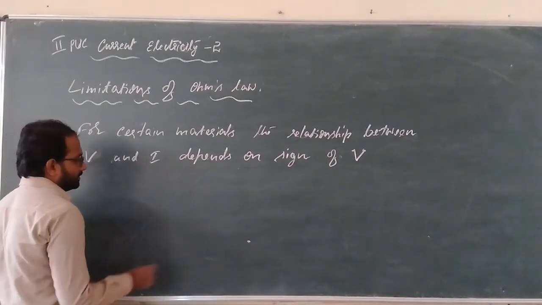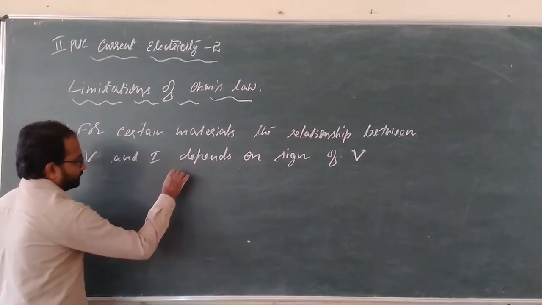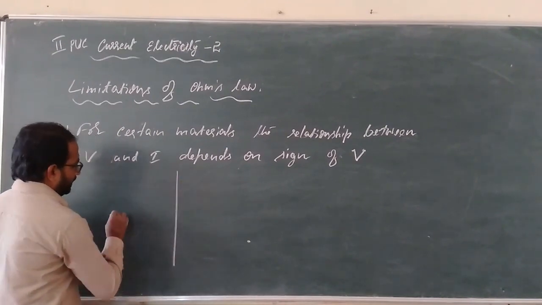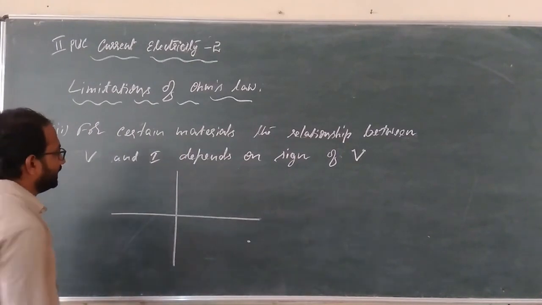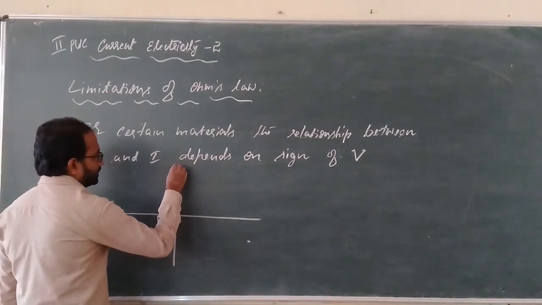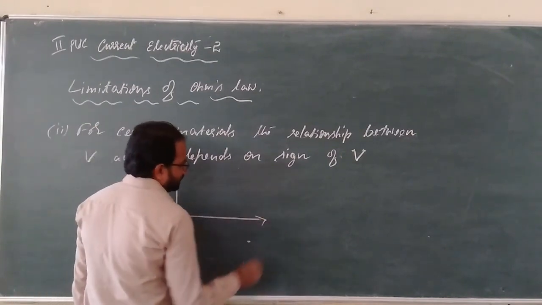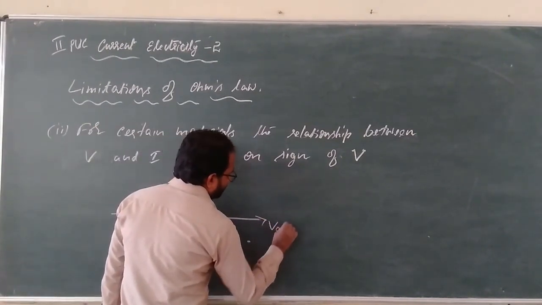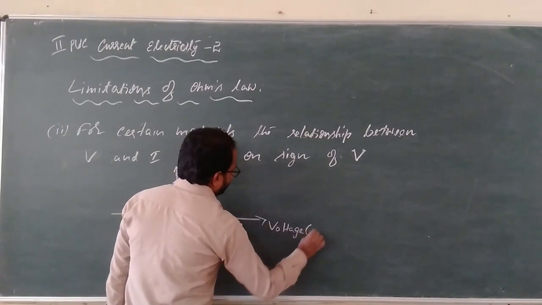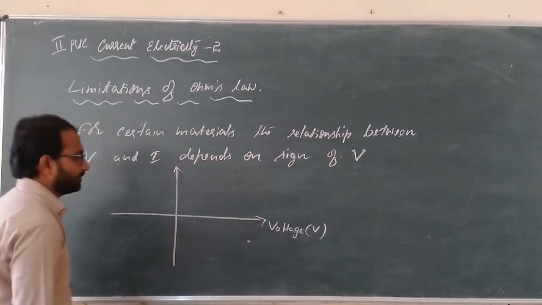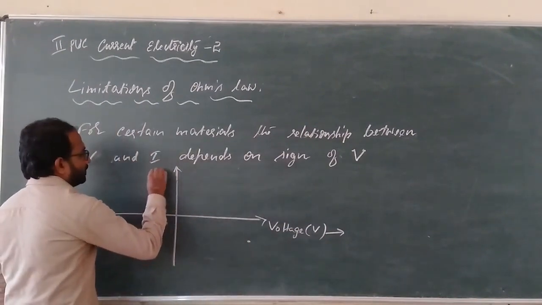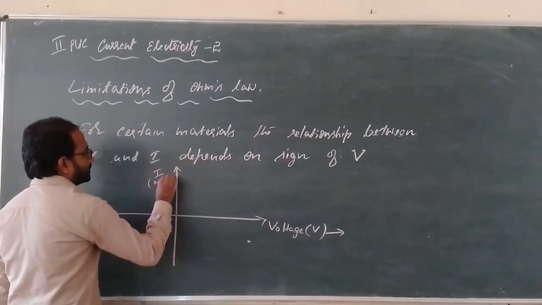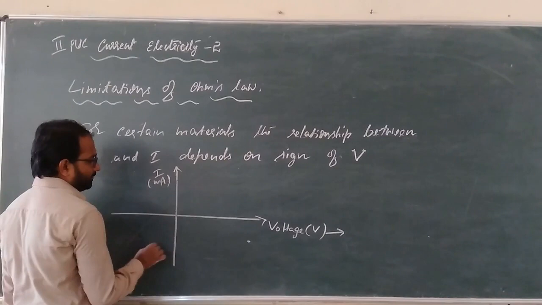Say in the case of semiconductors, you studied the V-I characteristics of a semiconductor diode. Say for a silicon diode, this is the forward bias voltage, and this is the forward bias current, which is in terms of milliamperes; a high value of current flows, right?